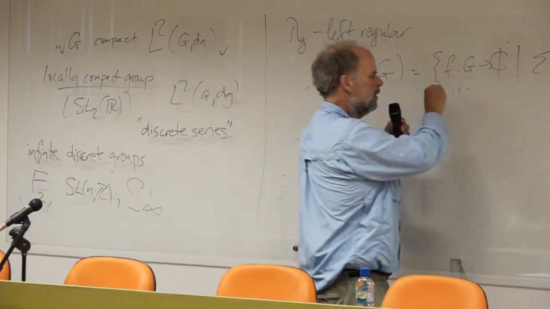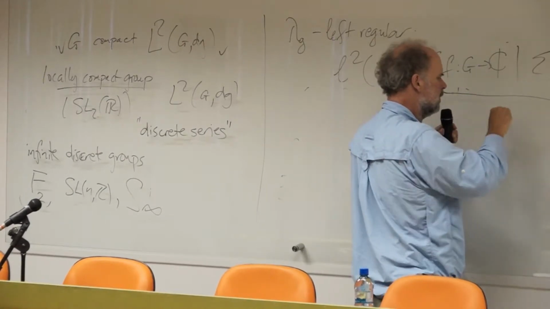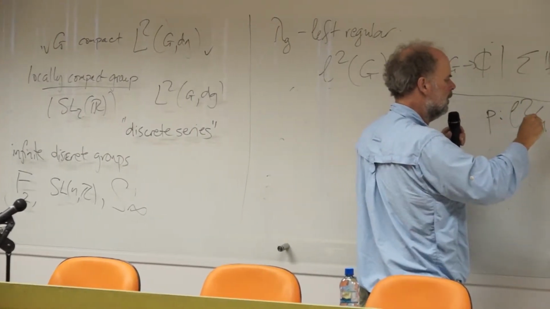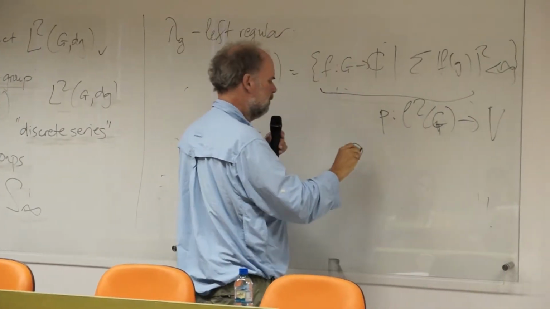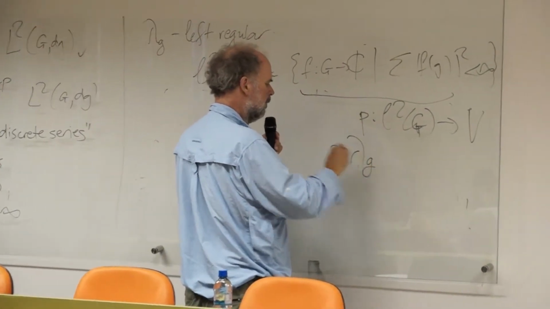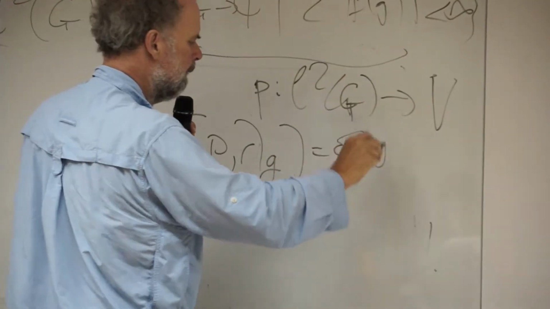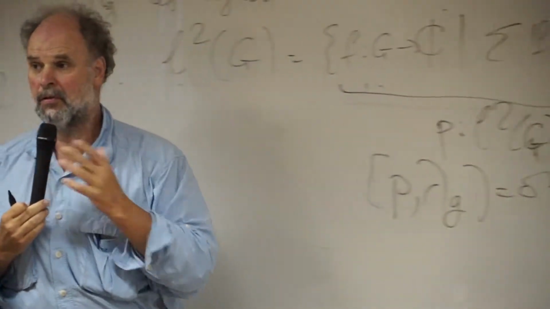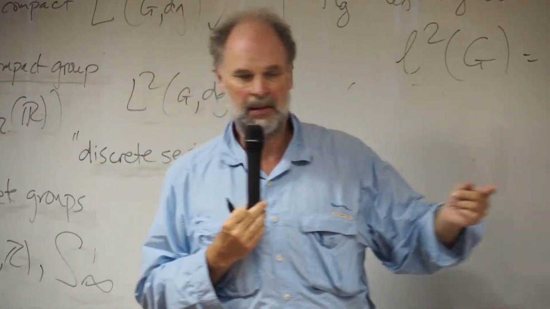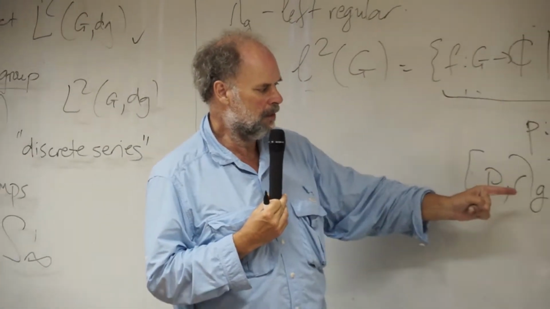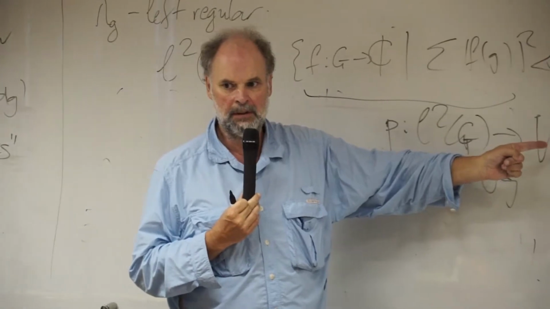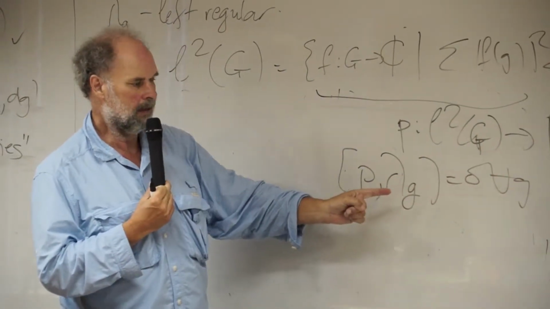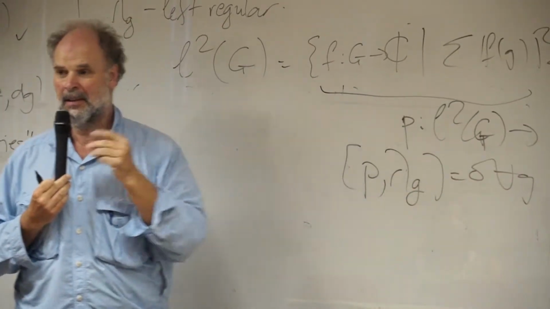Remember, we said that subspaces here are projections from L2 of G to V, and the projections P have to commute with the left representation. Well, that holds true. That's just pure abstract nonsense. You can certainly get representations by taking projections from L2 of G that commute with G, but the trouble is that they're never irreducible.